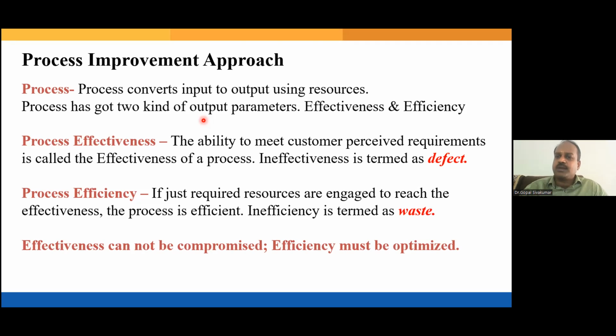So coffee not tasting good is an effectiveness problem. But coffee offered after a long period of time is an efficiency problem, right? Or maybe if you feel the cost of the coffee is too high, that is also considered an efficiency problem, right?